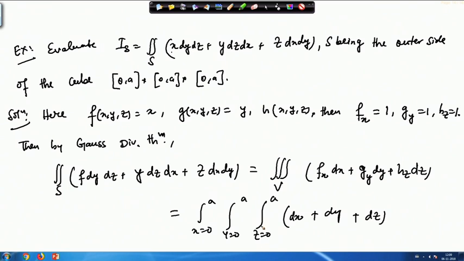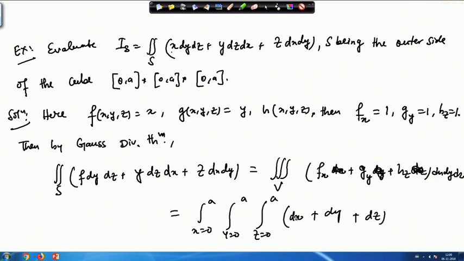Now we will integrate first with respect to each variable. Sorry, it is not dx dy; it is f x, g y, h z, and then dx dy dz is here.